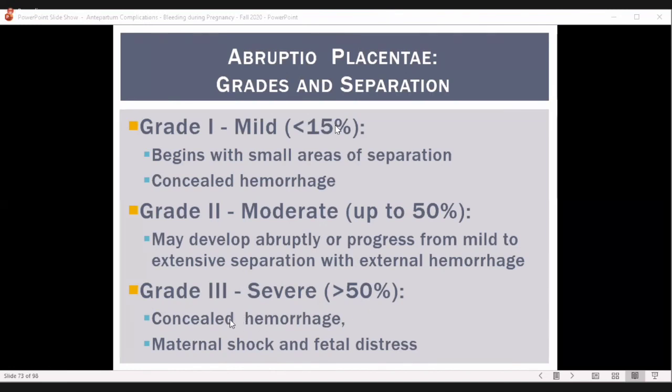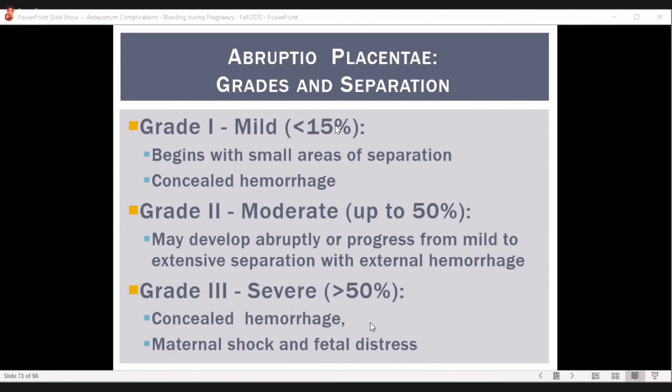So for instance, if you have a patient that has a grade 3 abruption, 90%, 95% has separated, so essentially it's just about completely separated. That is massive bleeding, but it may be completely concealed. You might not see any of it. It's a large amount of blood loss, but you're not seeing it.